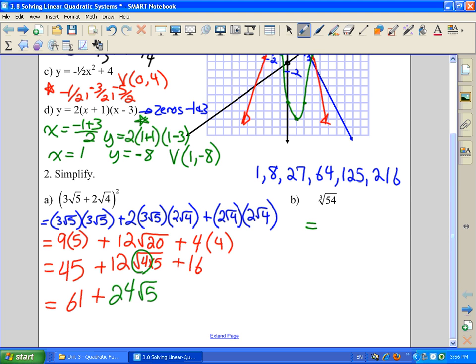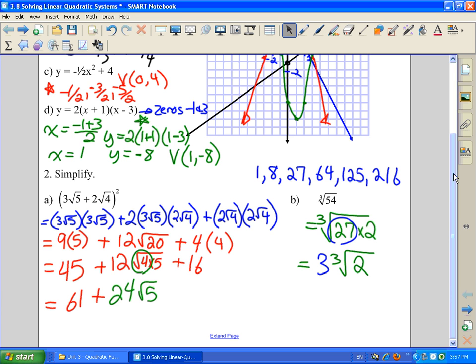Then we examine this cubic root, and we're going to break it into 27 times 2. When we take the cubic root out, guys, cubic root of 27 is 3. And then what we're left with still is root 2. So it's 3 times the cubic root of 2.